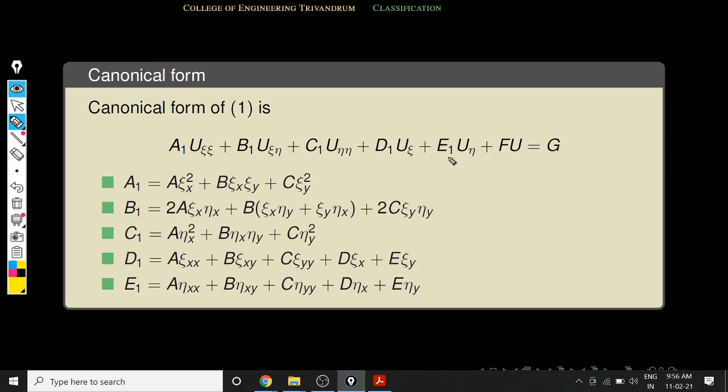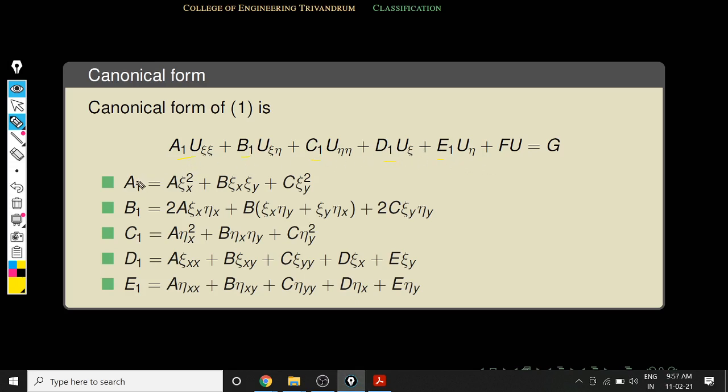After substitution and simplification, all the coefficients are different except F and G, which remain the same. Whatever F and G are in the given PDE, there is no change, but all other coefficients are different. That's why we put A1, B1, C1, D1, E1 instead of A, B, C, D, E.